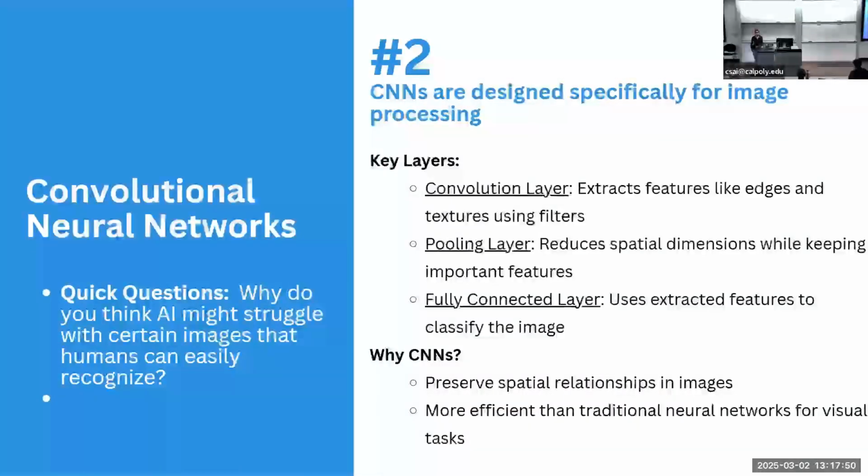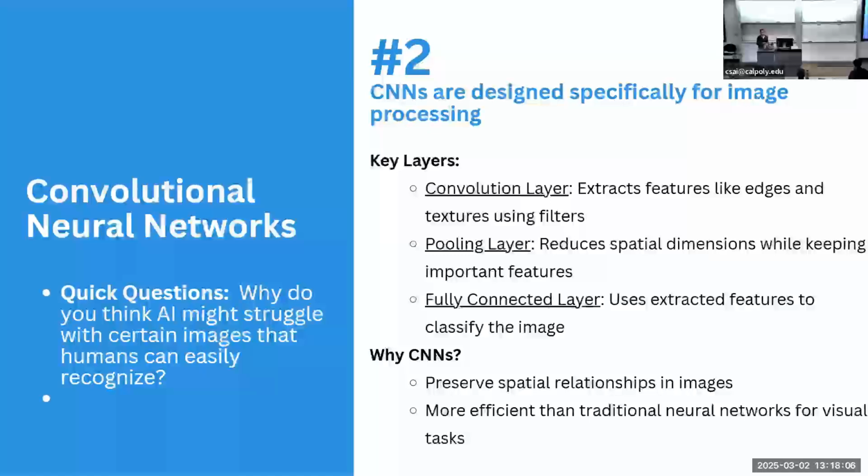Okay, so as I said, neural networks work well for structured data and language, but they struggle with images. That's why convolutional neural networks were developed, and these are optimized for images.